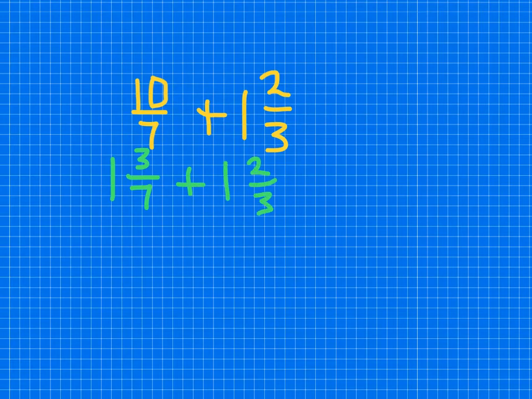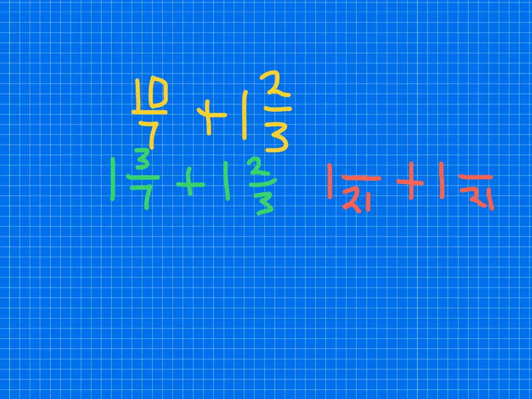Okay, again, we can't do this. We need to have a common denominator. So let's rewrite our problem again. We'll have 1 and something over 21 plus 1 and something over 21.